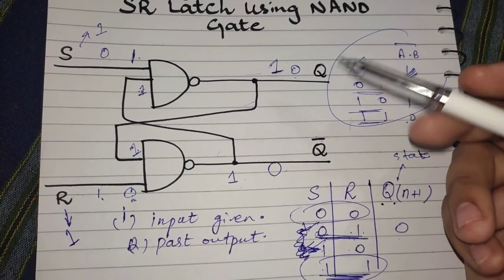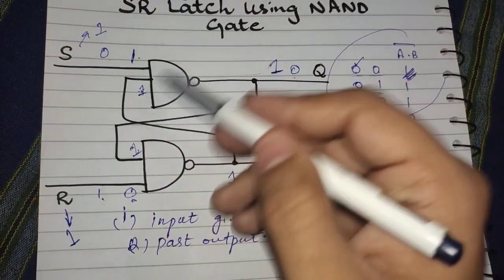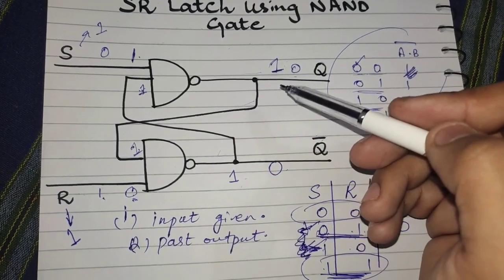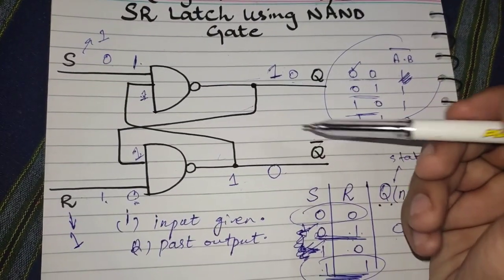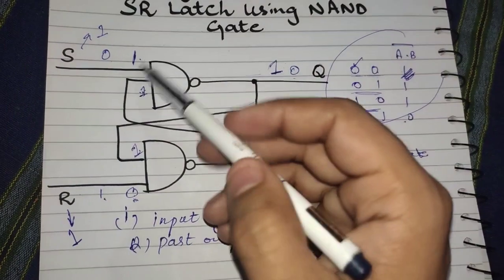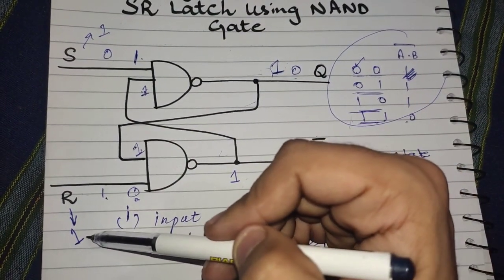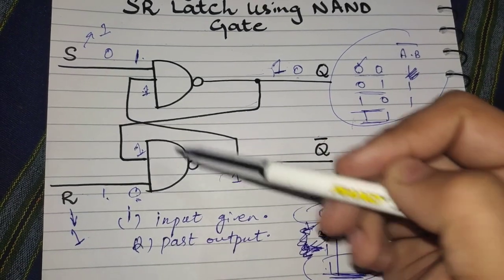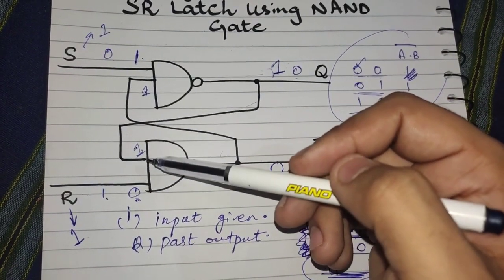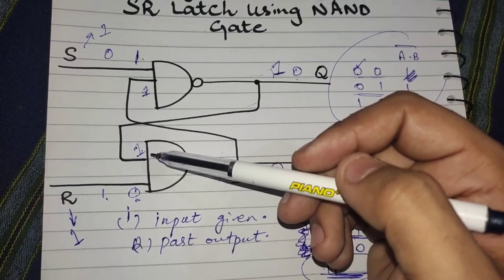We are not getting any kind of output in that system using the NAND gate. If I am giving 1 as S, what will be our output? If I am giving 1 as R, what will be our output? Because we have no other input to the system which is 0 in the NAND gate case.